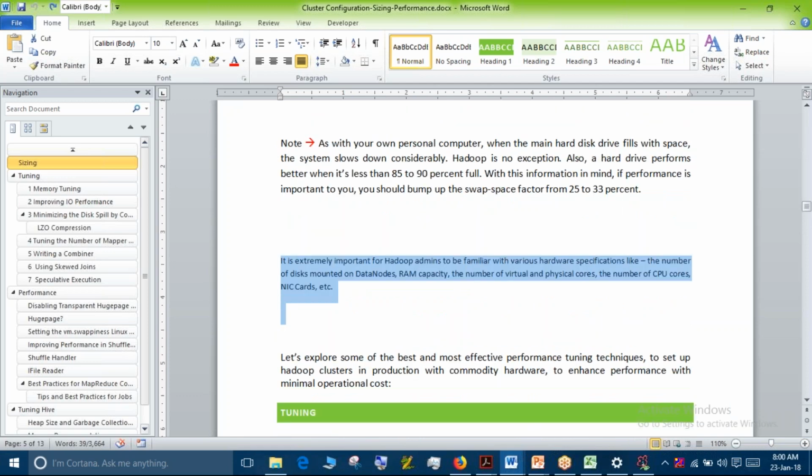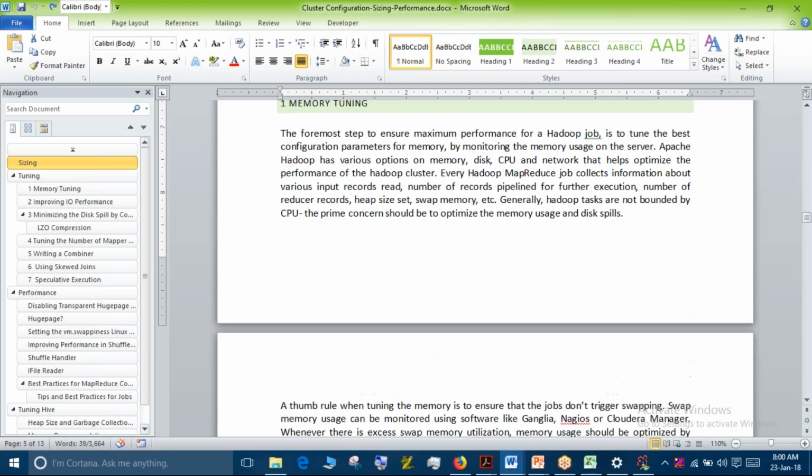This point. These are the points that need to be considered by us while working with these aspects.